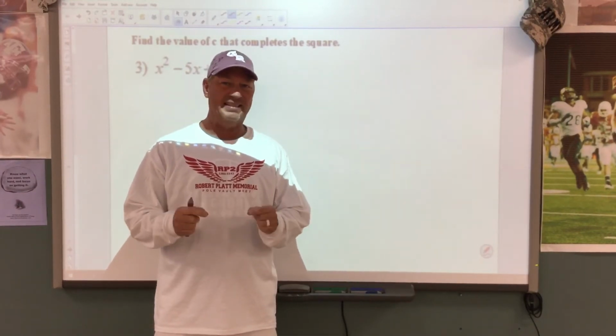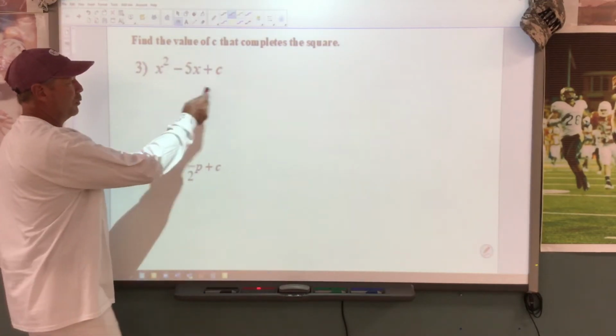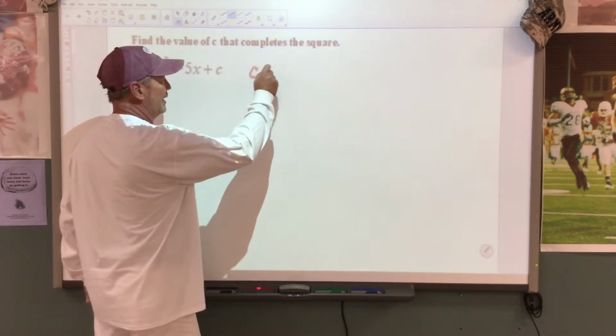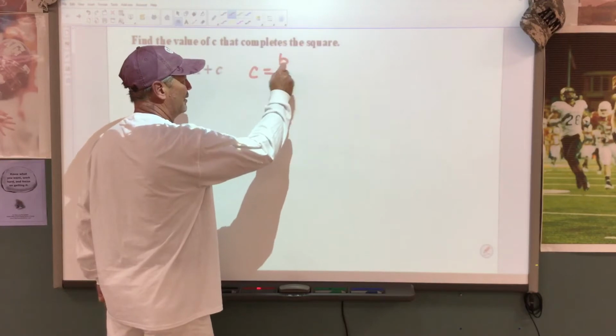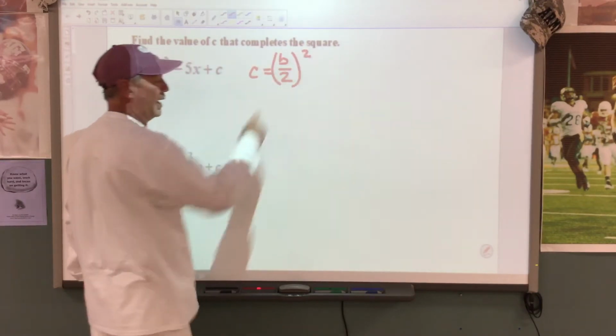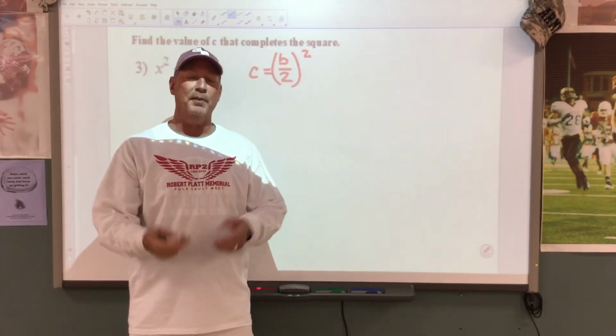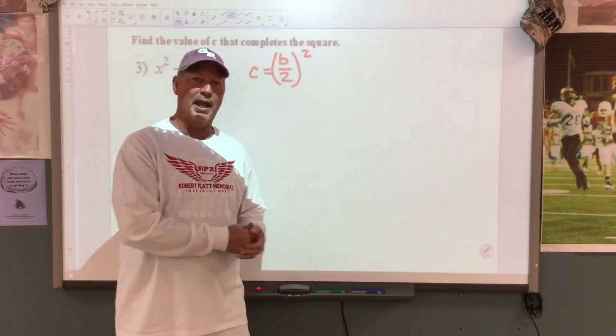How do we find that C value? To find this C value, remember what we did. We had a formula that said C equals B divided by 2, and then we would square that. But the same thing as dividing by 2 is multiplying times 1/2.